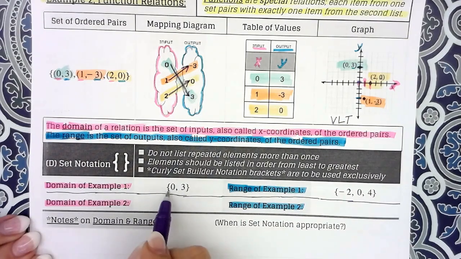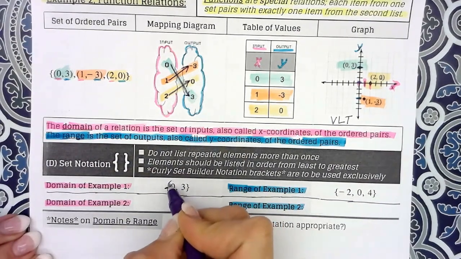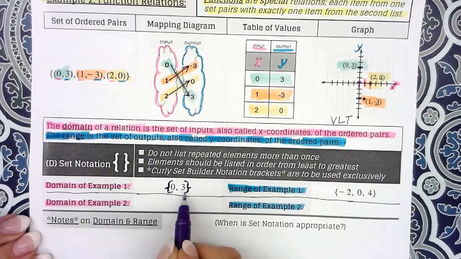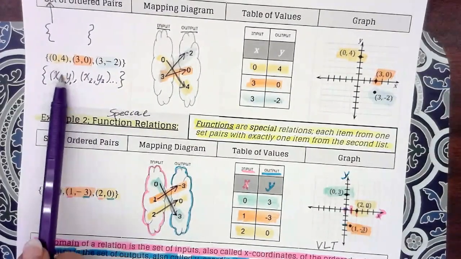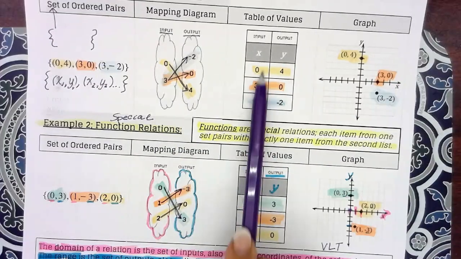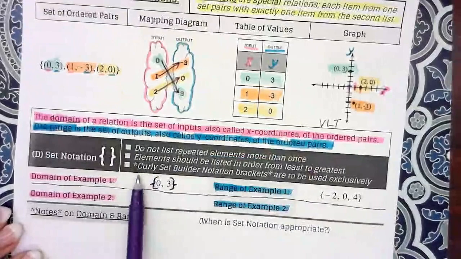If you do not use these curly brackets, you are wrong. It has to be the curly brackets. The set is listing individual items as a list. It is not saying you start here and go until there. So looking at example 1, the only x values, my domain, consists of 0 and 3. No one else. That is the domain of example 1.